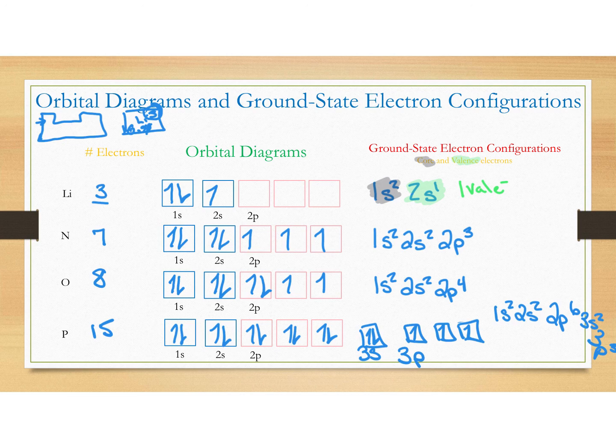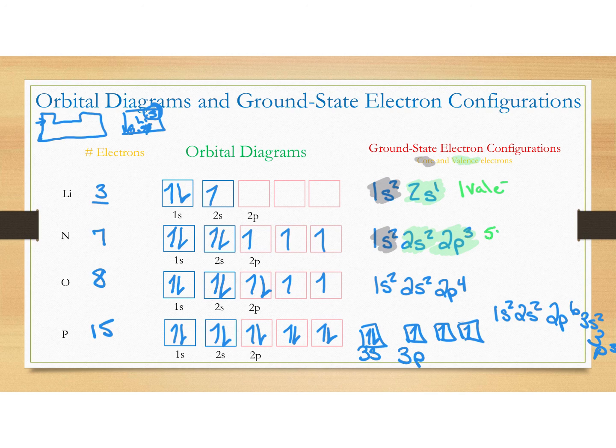Moving along, let's look at nitrogen. Again, nitrogen is in the second period on the periodic table, so it is in the second energy level. That is my highest energy level, and in this case I have the 2s and the 2p, leaving the 1s to be my core electrons. How many valence electrons do I have? 2 plus 3 is 5.